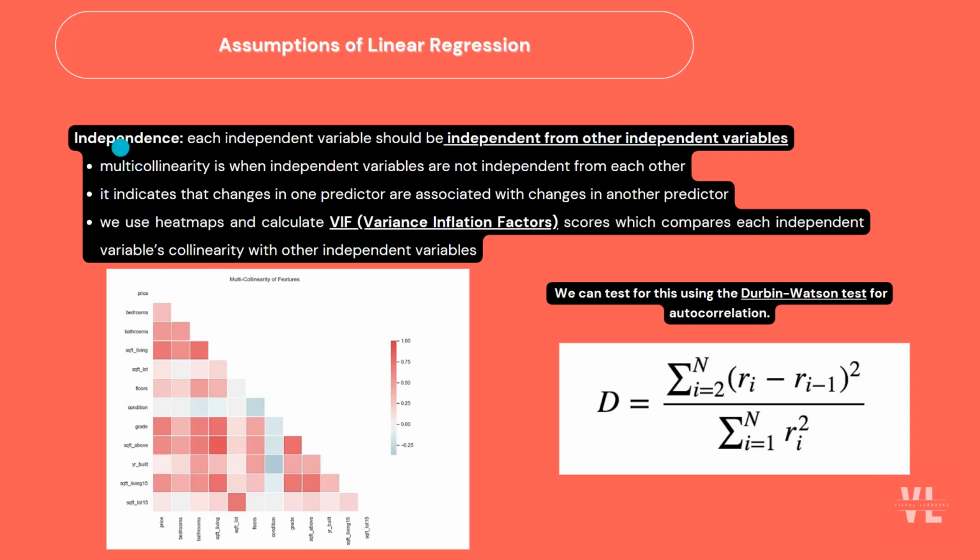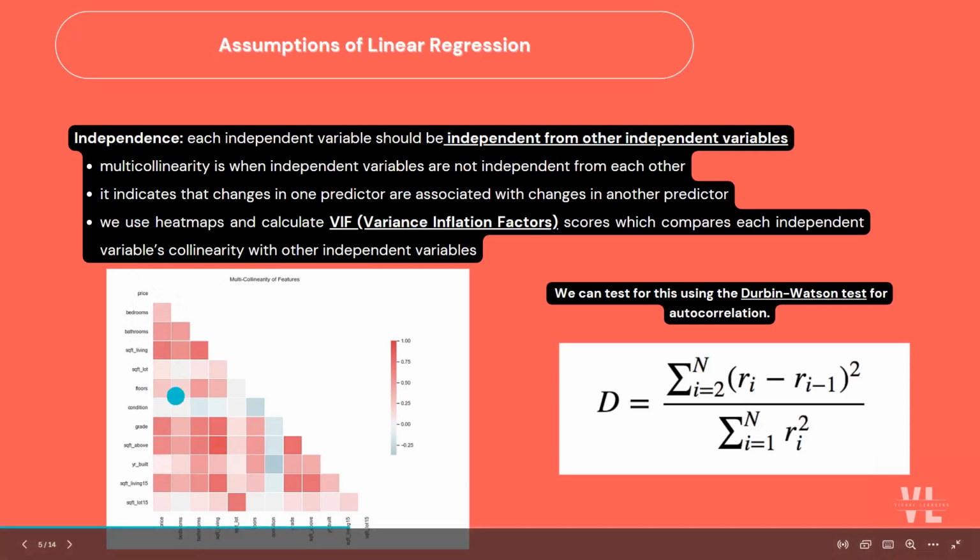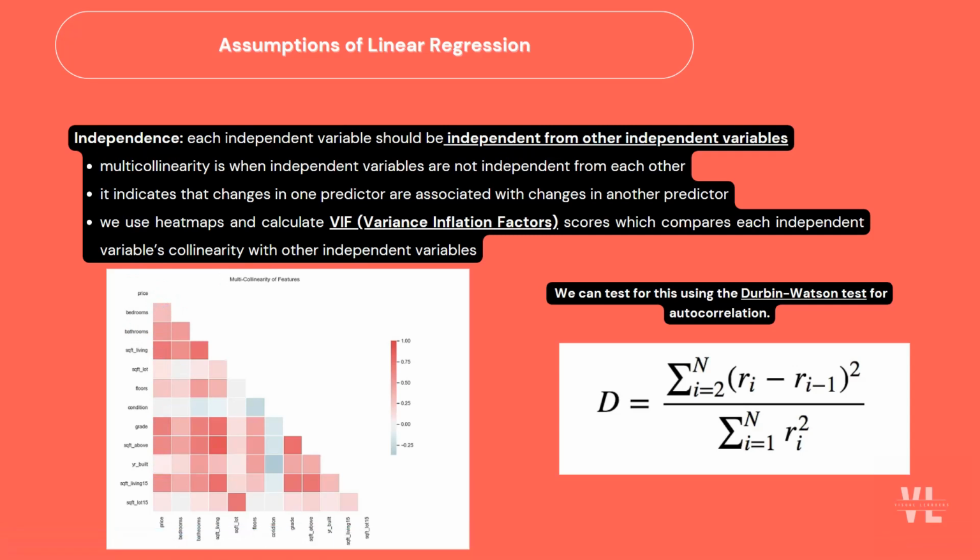Independence is saying that the relationship between these independent variables should be mutually exclusive, or one independent variable should not be dependent upon other independent variables. Multi-collinearity is when independent variables are not independent from each other.